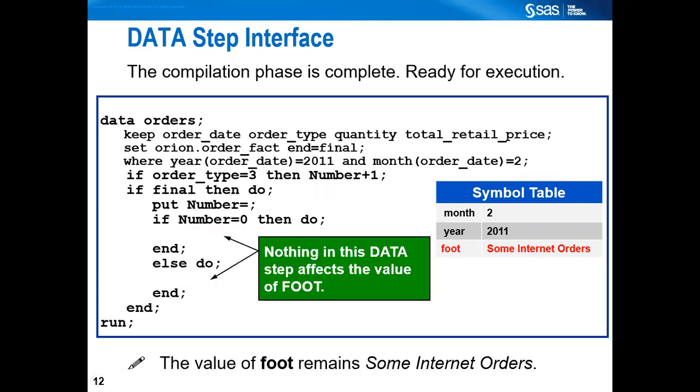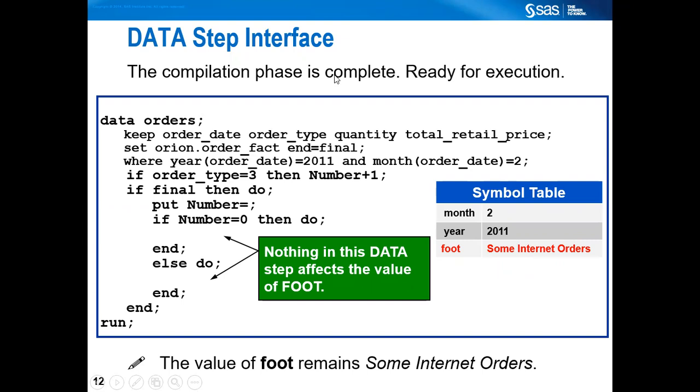So now in your global symbol table, the foot value is some internet order. There is no effect of your changing data values on this fixed value. Nothing in the data step affects your foot value, so the value of foot remains some internet order. This is during the compilation phase.